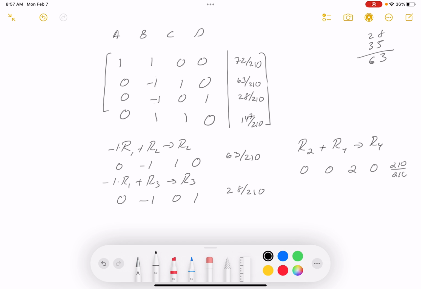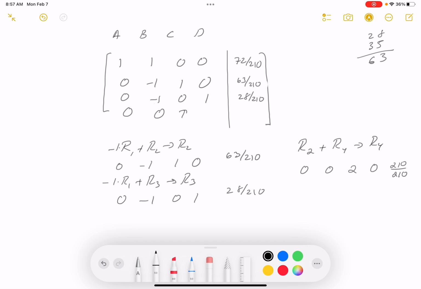All right, I'm going to write that down. I'm going to put that down right now. And let me write that down for you. So it's going to be 0, 0, 0, 1.